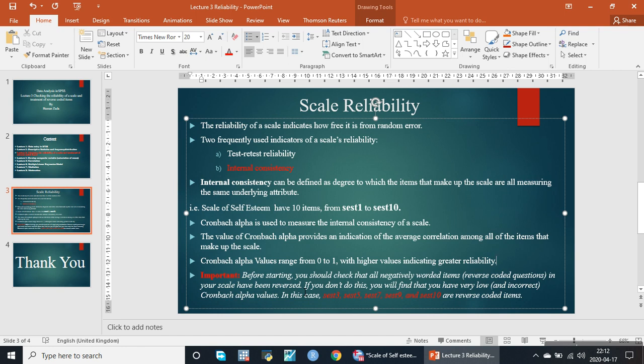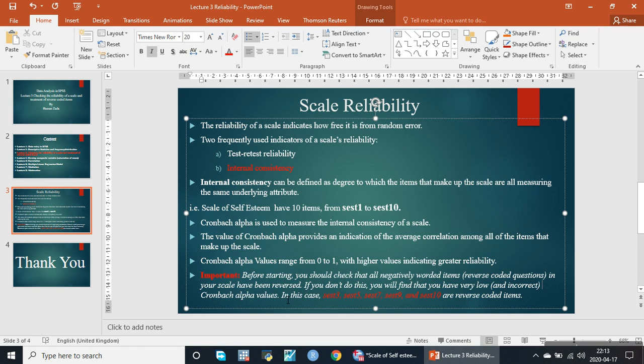Then we will measure the reliability of the scale. If we do not reverse all of the reverse coded questions, then we will find a very low or incorrect Cronbach's alpha value. Incorrect means that sometimes the value of Cronbach's alpha will be minus 0.05, minus 0.5, minus 0.6.